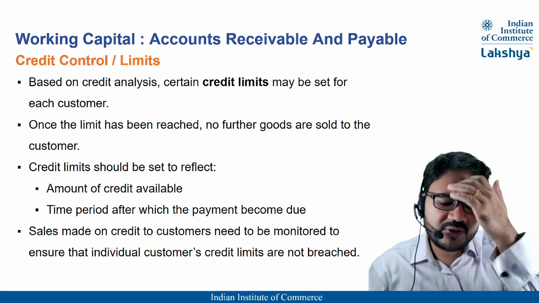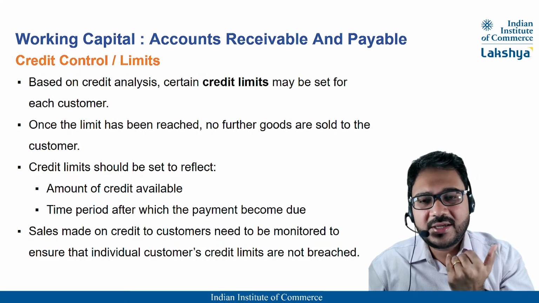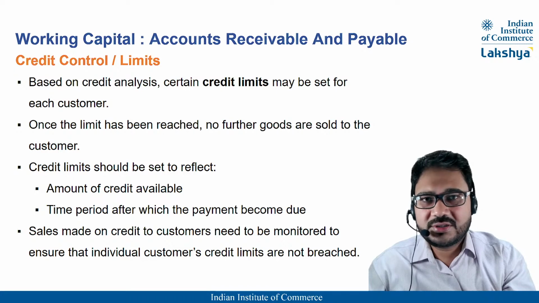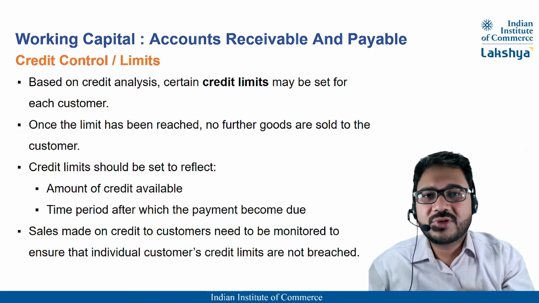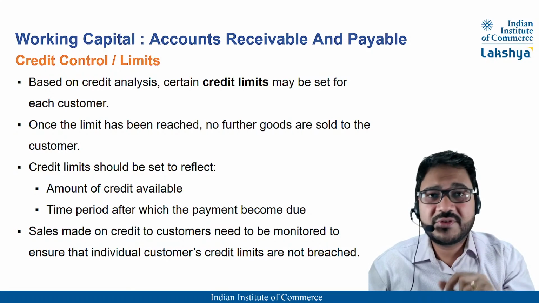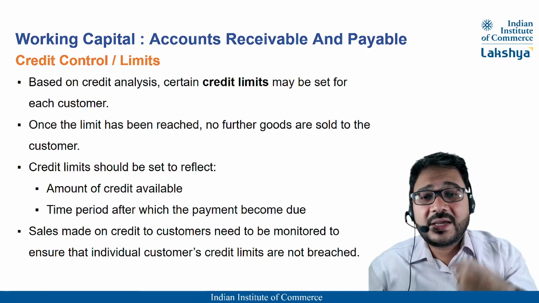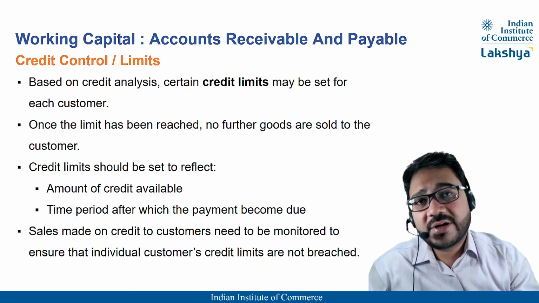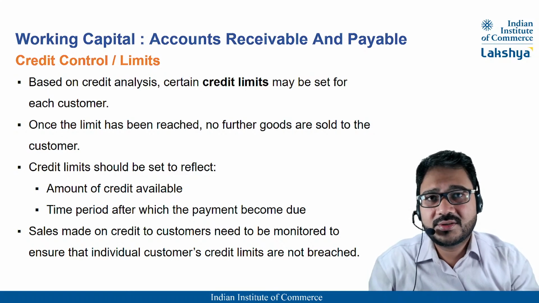Now, say for example, you have decided that the maximum exposure, or the maximum I can give on credit, is $1 million. Okay. Now, this customer last time purchased goods worth $750,000. Okay. So that means that I can now only supply $250,000 worth of goods unless I get any cash.